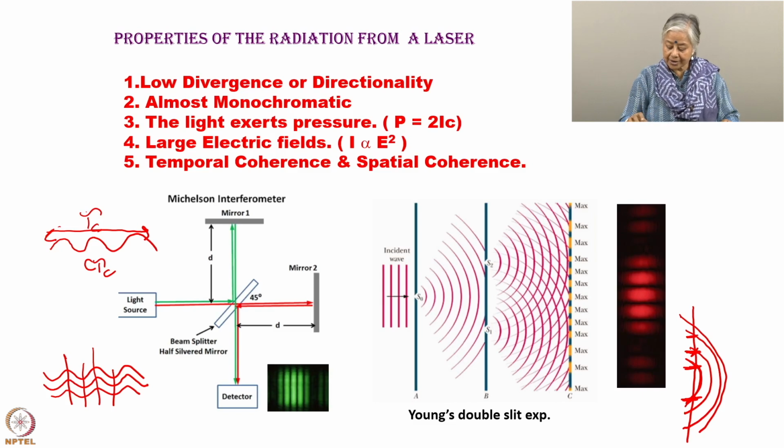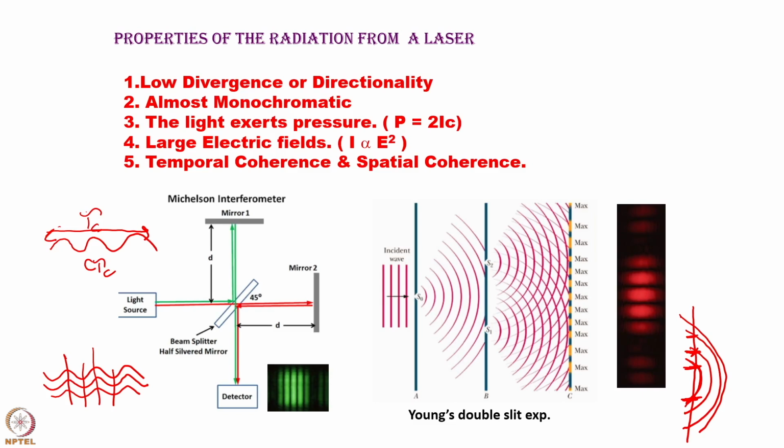While in case of ordinary light, this distance between these two is very, very critical. That is because the laser light is also spatially coherent in addition to being temporally coherent. So, with laser light you can easily get this interference pattern, you do not have to be too careful. You can have these things apart.